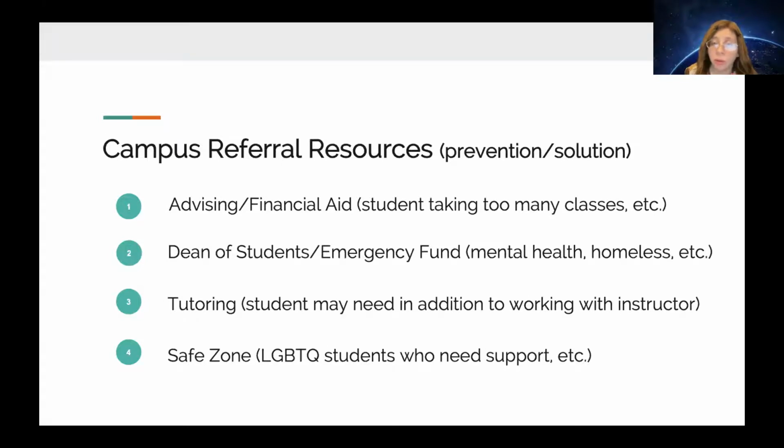So you may have had students who had mental health issues. Perhaps they are having financial issues that have gone really extreme. So homelessness, that sort of thing. There are all types of situations, as I'm sure you all have experienced also, that can come up. Tutoring, we talked about that before. And then the safe zone. So a student who is within the LGBTQ community might need support and just be struggling in class for that reason.